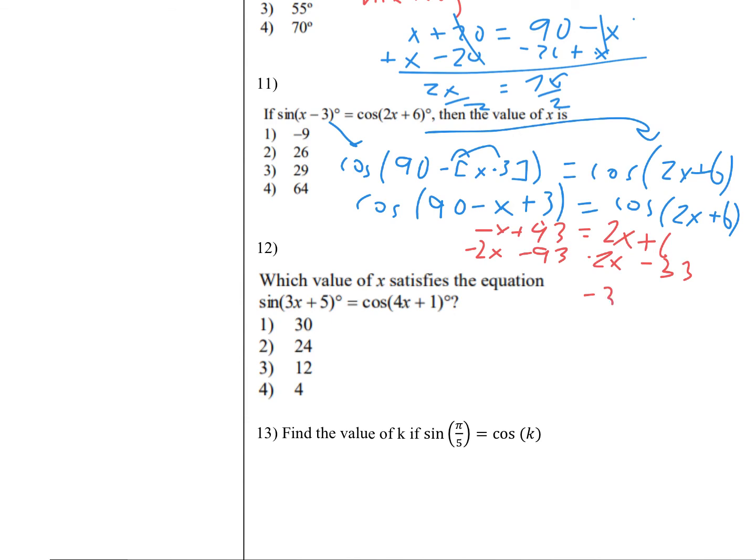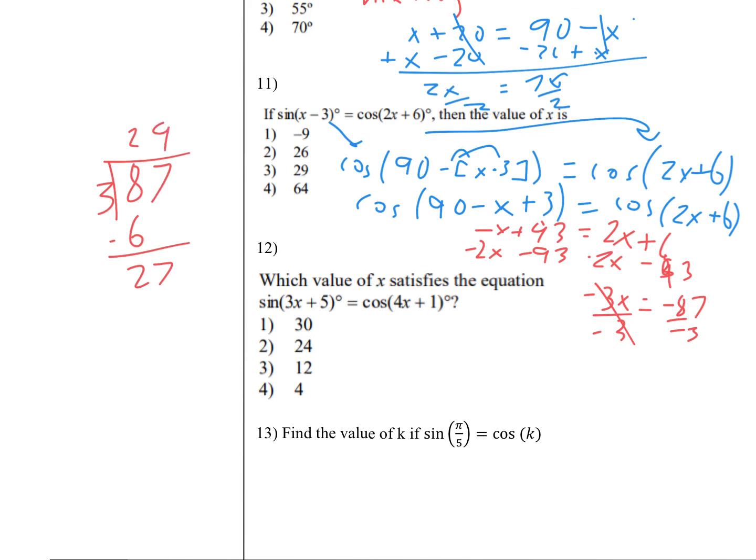So that would give me negative 3x equals, so positive 6 minus 93, that's got to be negative 87. Yep, that is right. So then divide by negative 3. And what is 87 divided by 3? So 29. There we go.